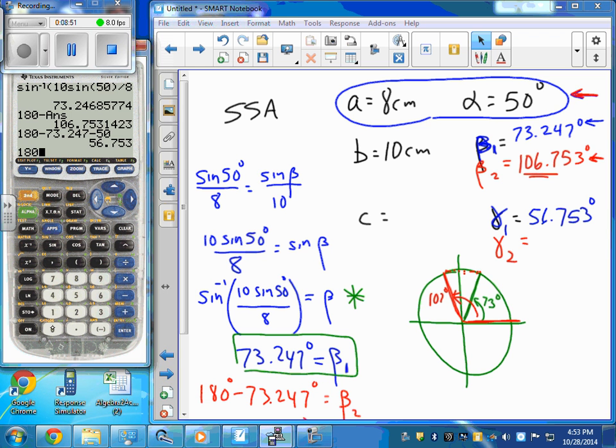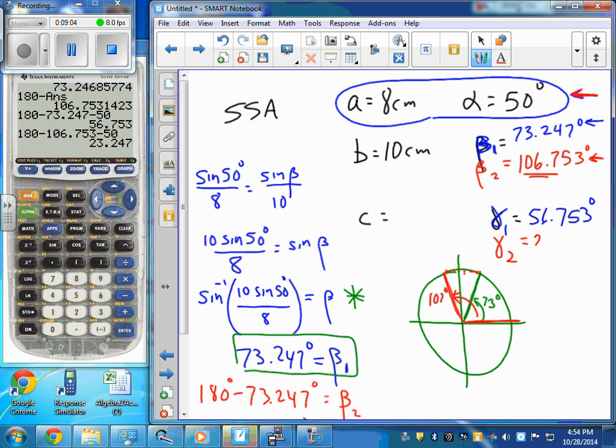So 180 degrees less 106.753 and less 50 leaves me with 23.247 degrees. Okay, so we've got two possibilities for beta, two possibilities for gamma, and of course, depending on beta and gamma, there would be two possibilities for C. So we're going to have C1 in blue, we'll figure out what that is, and then C2 in red, and we'll figure out what that is.